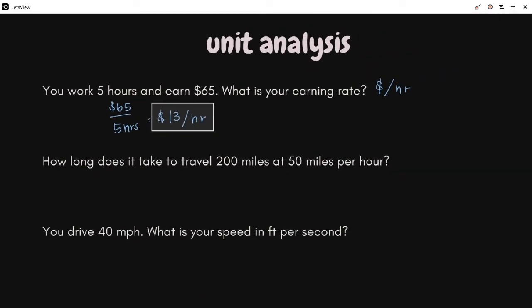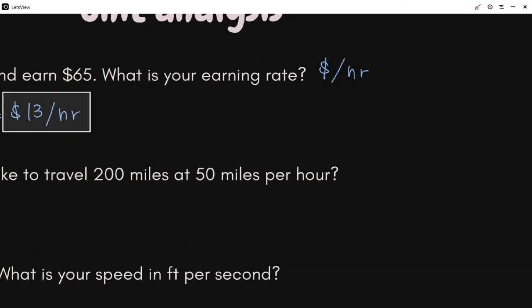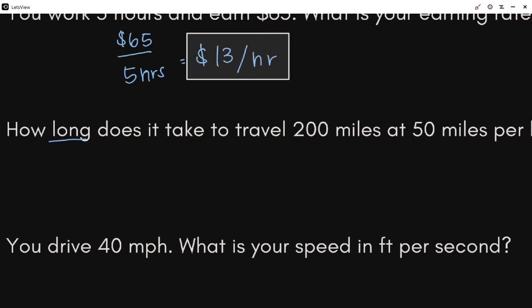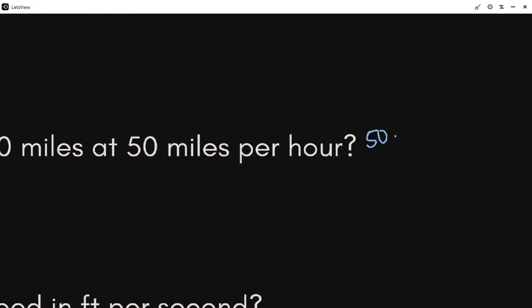Okay, next one. How long does it take to travel 200 miles at 50 miles per hour? So since it's asking about the length of time, they're looking for the number of hours. So we have 200 miles, and then it says 50 miles per hour.